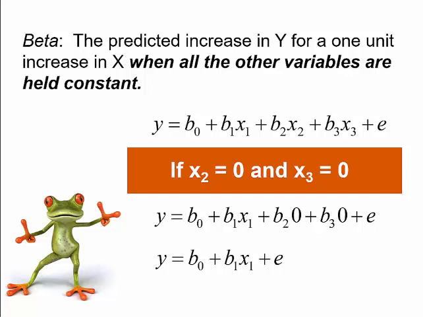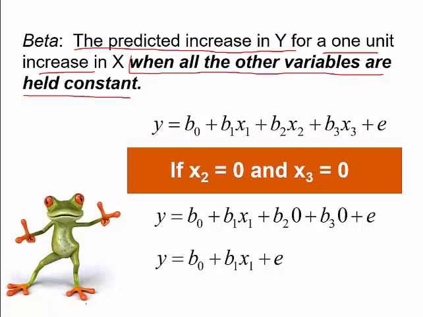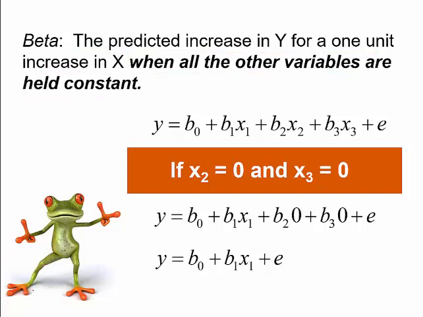So first, we can say that the beta weight is the predicted increase in y for a 1 unit increase in x when all the other variables are held constant. Note that that definition is very similar to the definition I gave you before in our previous unit when we talked about simple regression.